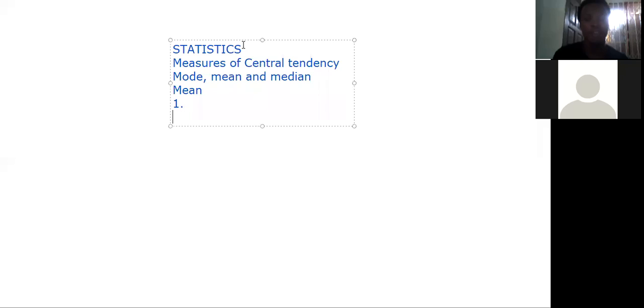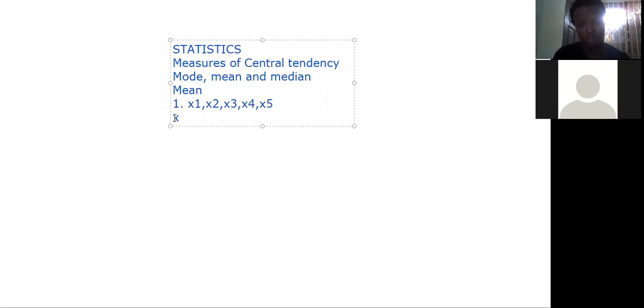So for instance, if you have a set of numbers, let's say x1, x2, x3, x4, x5, and you're asked to find the mean, it is given by x with a dash on top.